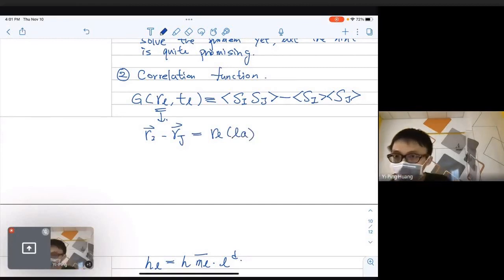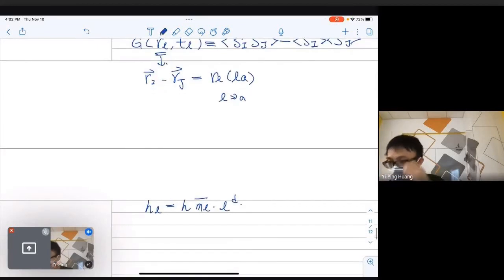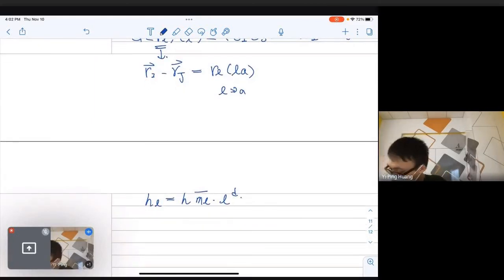And of course, we assume that at this moment RL is much larger than A, L is much larger than A, so we don't need to worry about the microscopic lattice length.